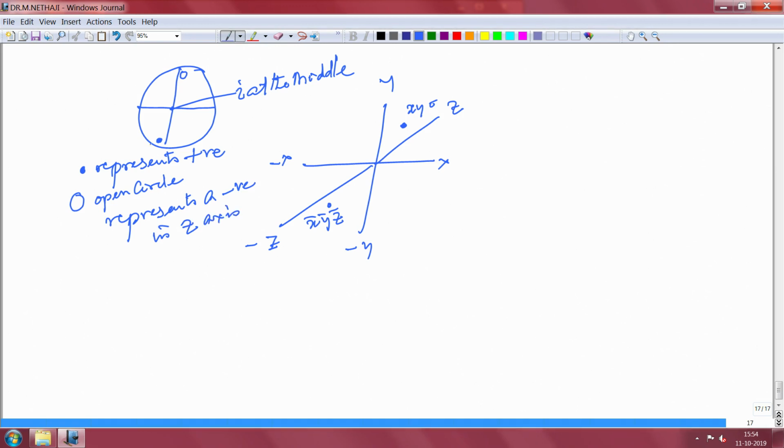So, this is my x, y, z, this represents x bar, y bar, z bar. So, this point group is 1 bar.